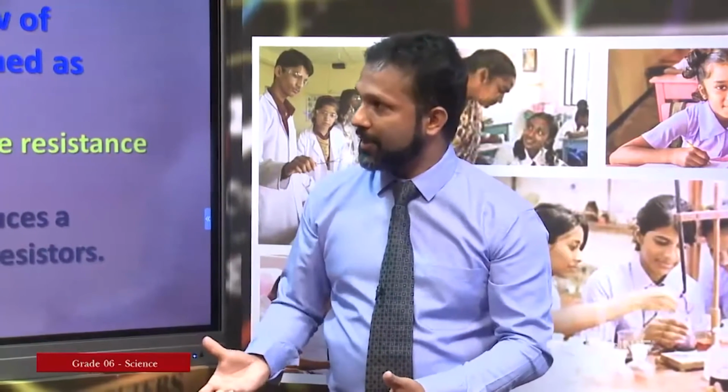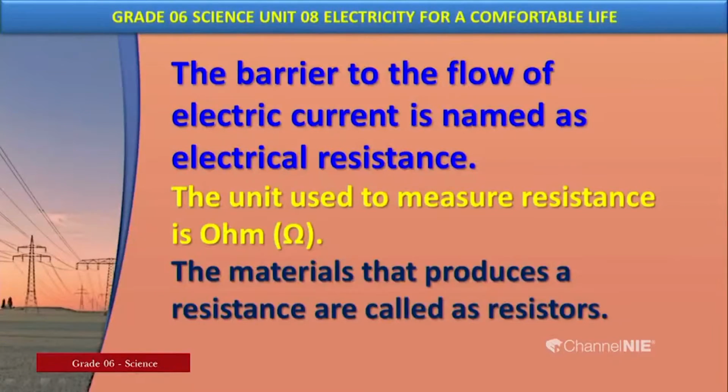So, we can say the barrier or obstacle to the flow of electric current is electrical resistance.